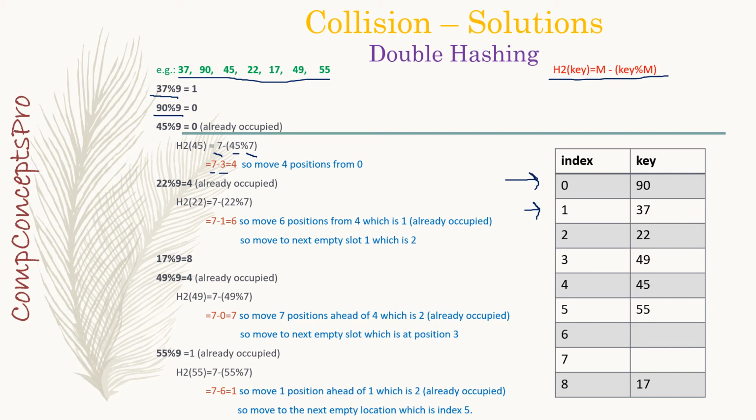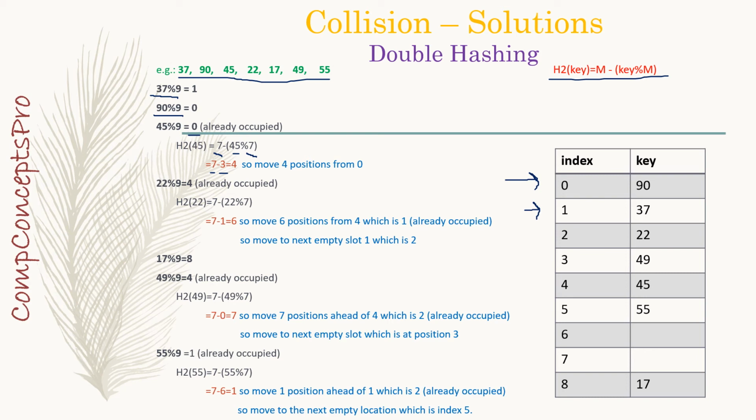In double hashing, what we have to do is move that many index positions next to the index position which we got from the division method. Like in this case, we got the index position 0 when we applied the division method hash function on our key. Then there was a conflict, and after applying the formula for double hashing we got the result 4.